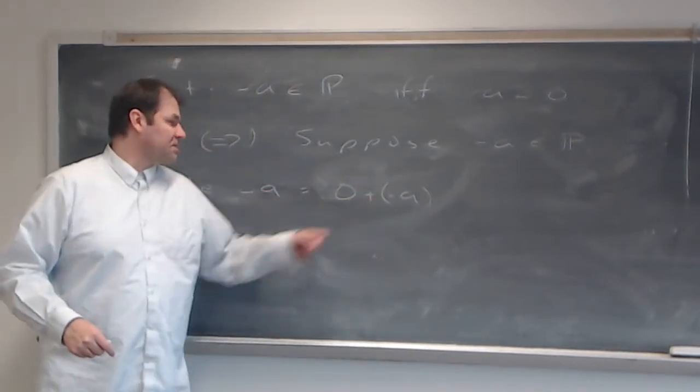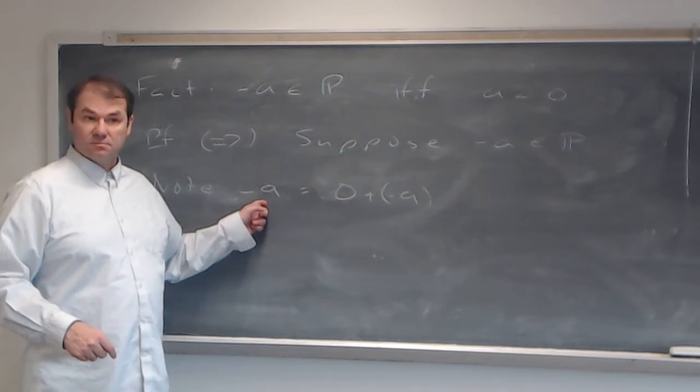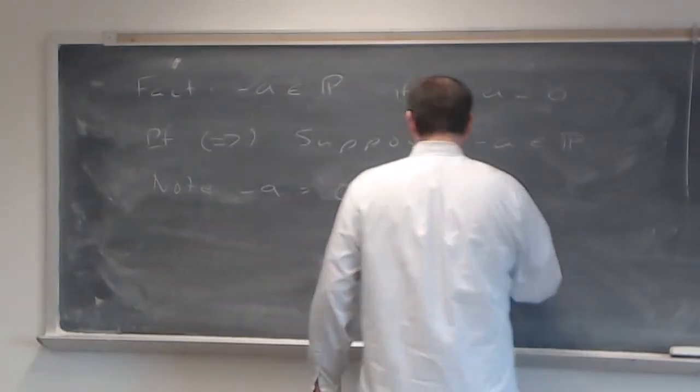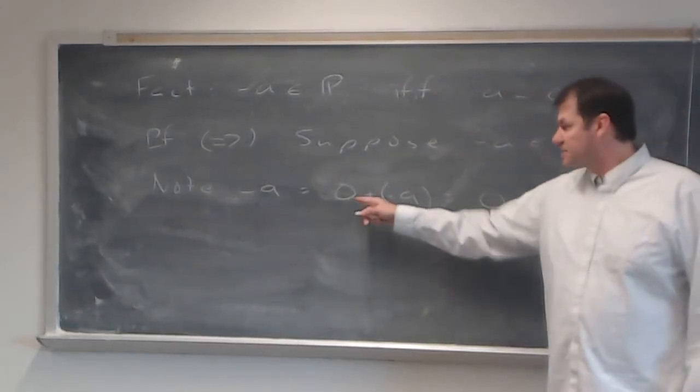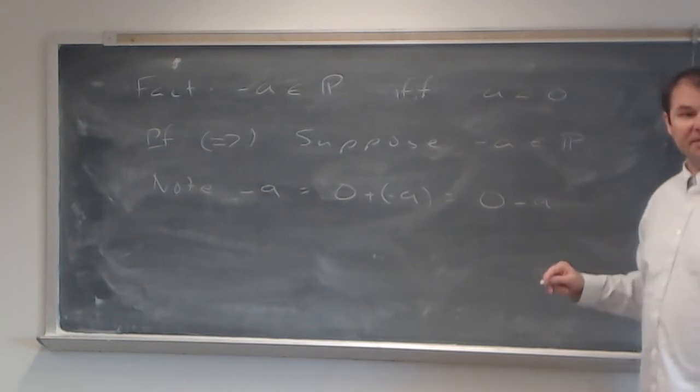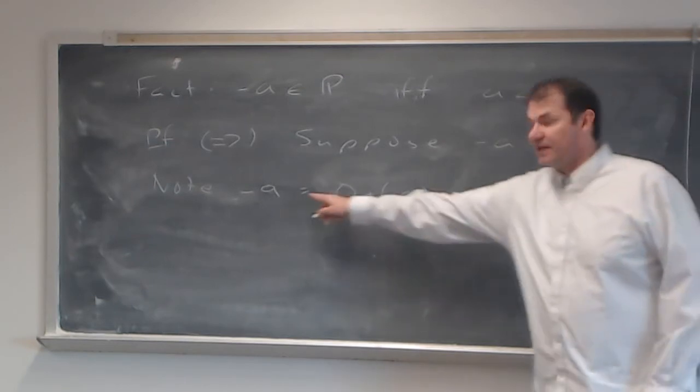So 0 plus minus A is minus A. Is that okay with everybody? But that's the same thing because of the way that we define subtraction. 0 plus a minus A is the same thing as 0 minus A.